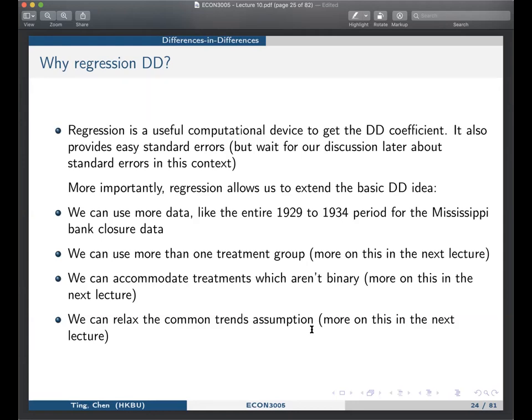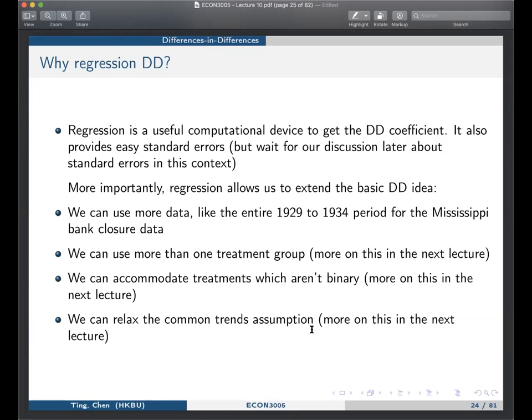And by doing so, the advantage is that it also provides the standard error. In the example we just showed, we don't have a standard error because we only have 4 time points, right? But later on, when we expand the data points that we have in both the time and the cross-sectional dimension, then we can actually have a standard error, for which we can build our hypothesis testing on.